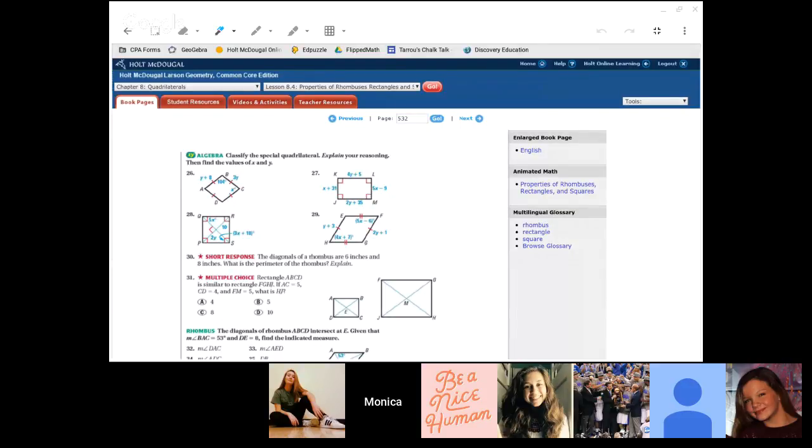We're just talking about parallelograms, rectangles, rhombus, and squares. So if we look at this one, we've got opposite sides are congruent, right? We don't know anything about the diagonals. All we know is that it's a quadrilateral for sure.